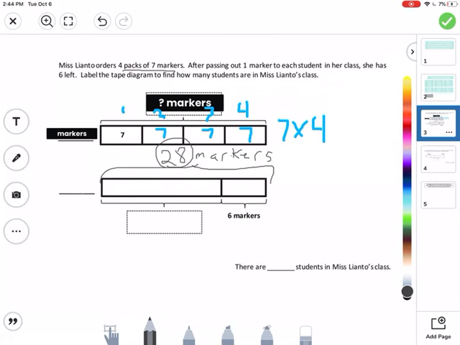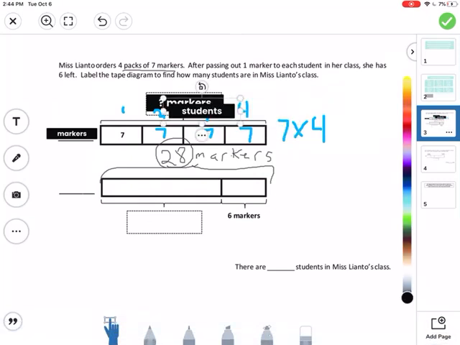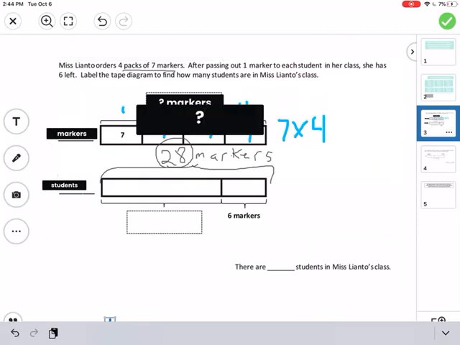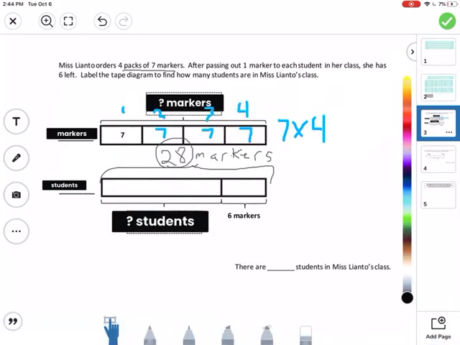So this represents our number of students over here. And we want to know how many students are in the class. So how many students are in the class?